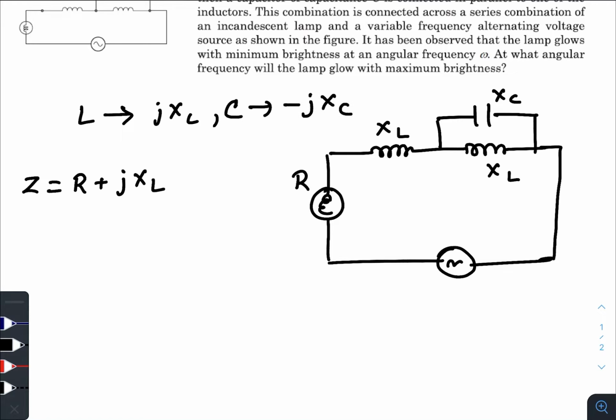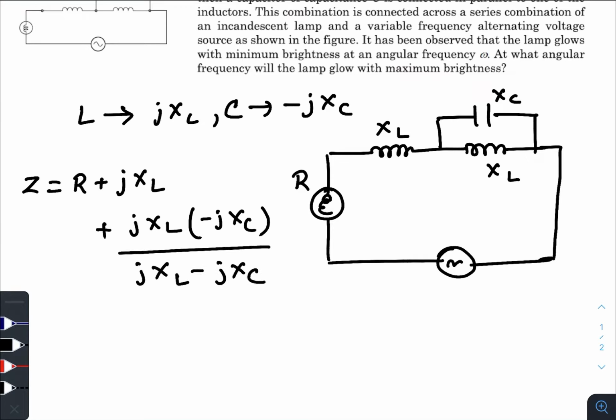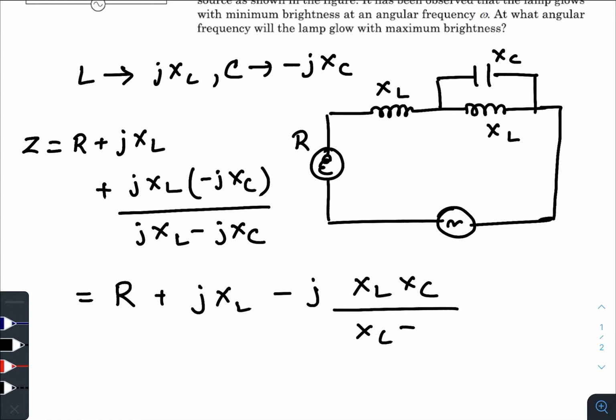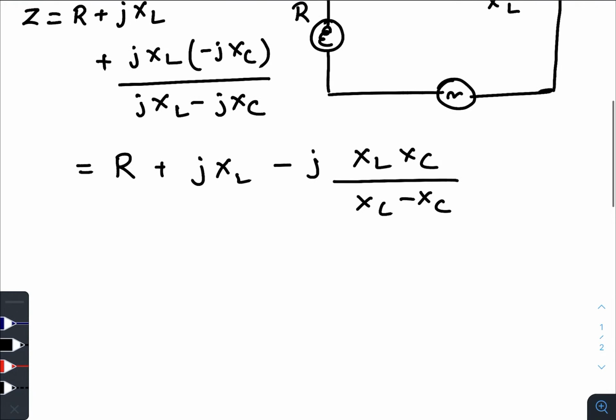So these two are in series and these two are in parallel, so plus jXL times minus jXC divided by jXL minus jXC. Just simplify this expression: jXL minus j times XL XC divided by XL minus XC.